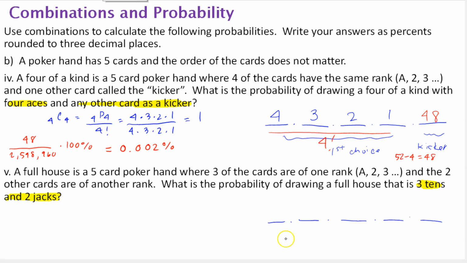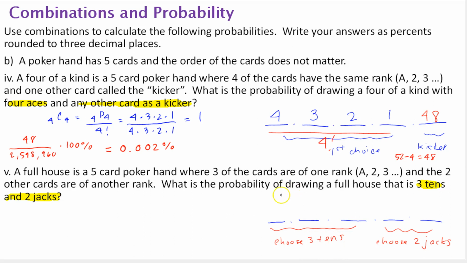We're looking at 3 tens and 2 jacks. Okay, so again, we're going to think of this as 2 choices. We're going to choose the tens. And then we're going to choose 2 of the jacks. And then we're going to find the product. Okay, so here there's 4 tens and 4 jacks.